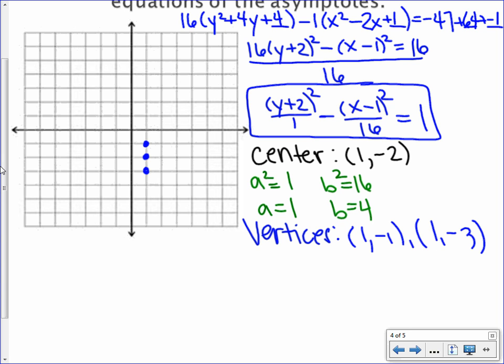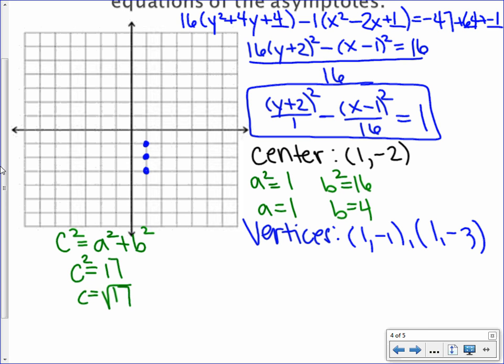Let's go ahead and look at our foci before we get too much further. C squared is a squared plus b squared. A squared plus b squared would be 17. Do you agree? So C is the square root of 17, which is a little bit over 4.